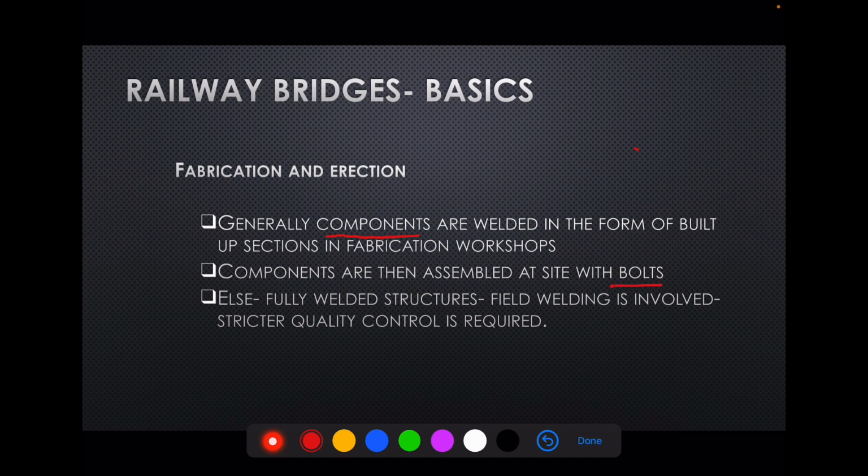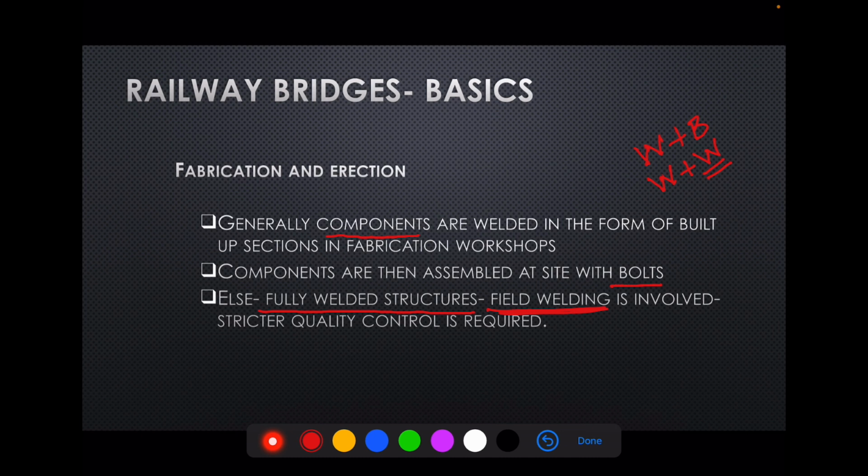So components are welded first and then joined together with bolts. However, there can be other arrangements also. We can have fully welded structures as well, where components are welded in fabrication workshops and at site also they are assembled with welding only. So here field welding is involved.